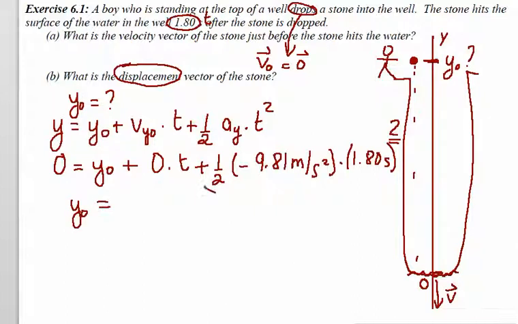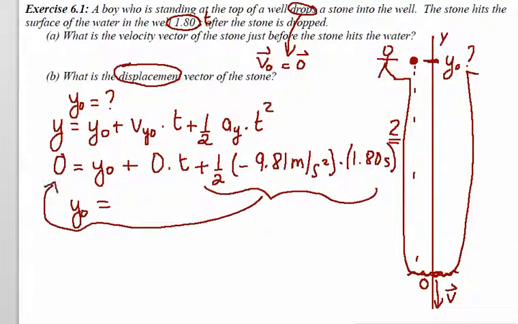And then you move all of these to the other side. And that gives you a Y initial equal to 15.9 meters.